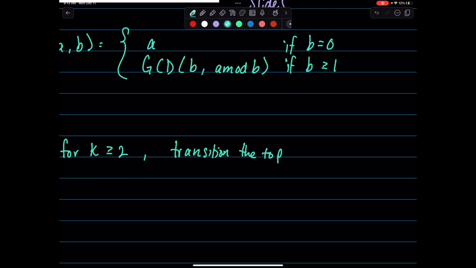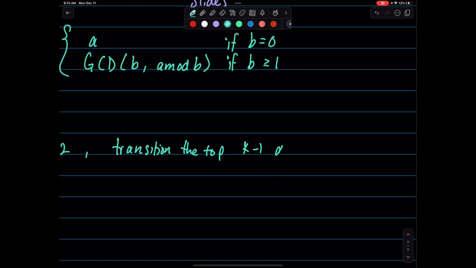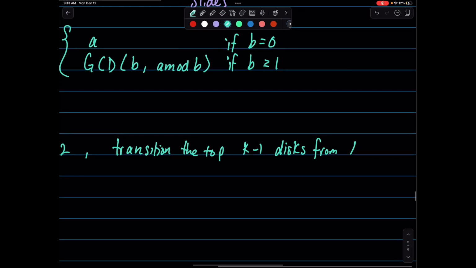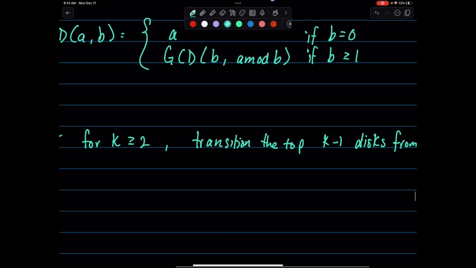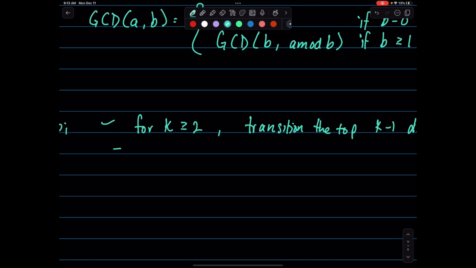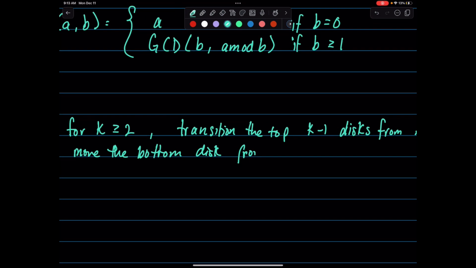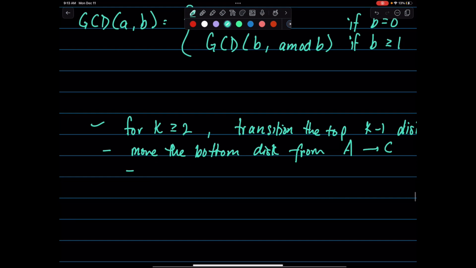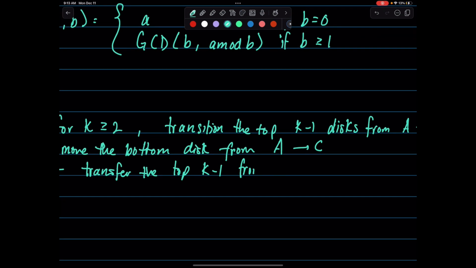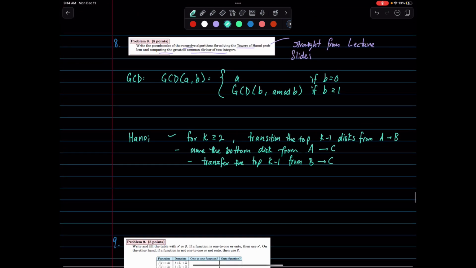Right, so move the top k minus 1 disks from A to B, and then the second one is move the bottom disk from A to C, and then it says to transfer the top k minus 1 from B to C. You don't really gotta know what that means.